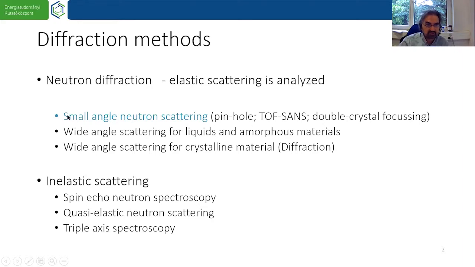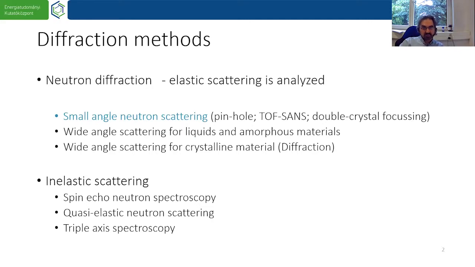Now, if we look at the diffraction not under small angles but under wide angles, then we have the wide angle scattering for liquids or amorphous materials. This means that we see the scattering at angles which are larger than, say, 5 or 10 degrees and go until the maximum, approximately 180 degrees, so it's almost backscattering.